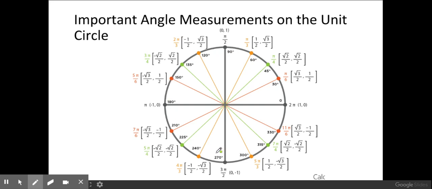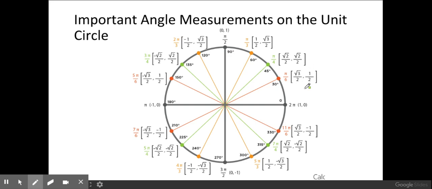And then as you go around the circle, I have all the degrees on the inside, and you'll see that the radians are out here on the outside. A couple things you might notice: these numbers in the parentheses show up again.